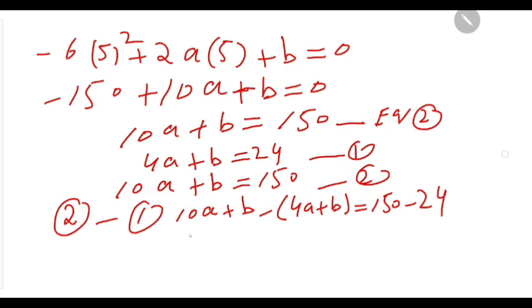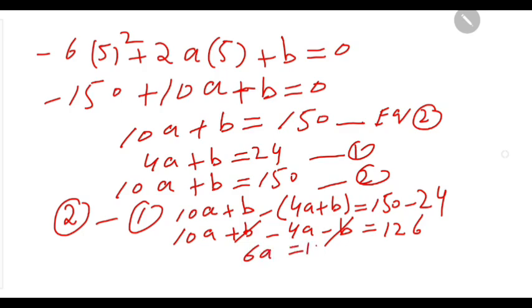So this is 10a plus b, then apply the minus sign inside: -4a -b, is equal to 126. Now positive b and negative b cancel, so we are only left with 6a is equal to 126. Therefore we solve for a: 126 divided by 6, the answer is going to be a equals 21. So we got the a value.